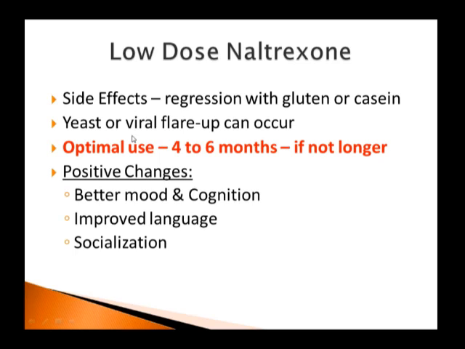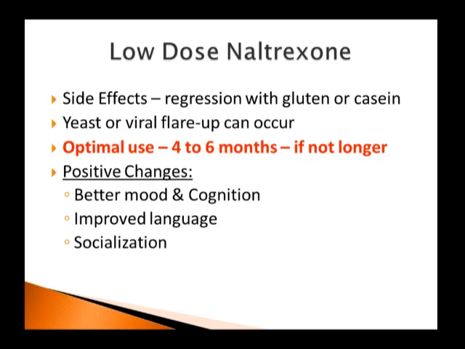In some cases, some kids who are really sensitive to gluten and casein, when they take low-dose naltrexone, can actually have a bit of a withdrawal effect where they get agitated and irritable because their brain is so addicted, if you will, to the gluten and casein peptides. So you're going to generally see a better response if the kids are gluten and casein free.